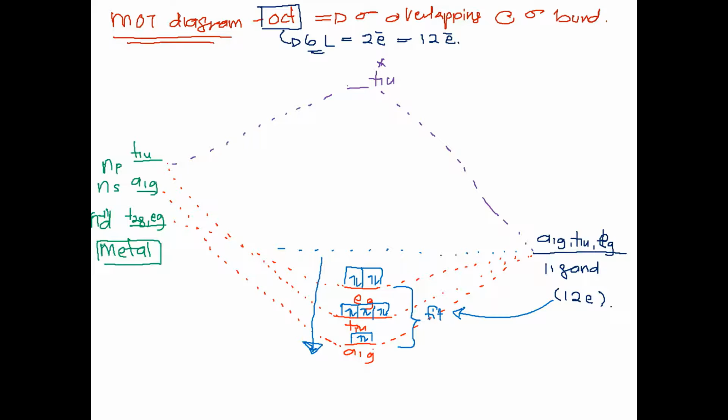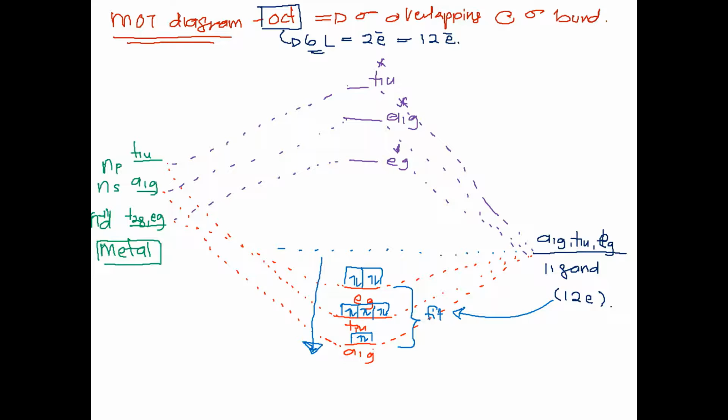And then you will have A1G star, from the metal as well as from the ligand. And then you will have the EG star from the metal and ligand.